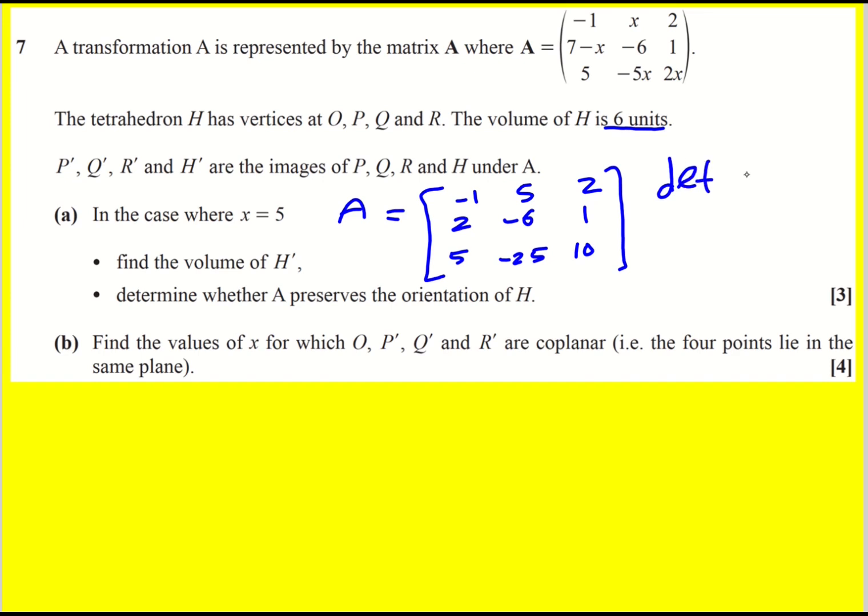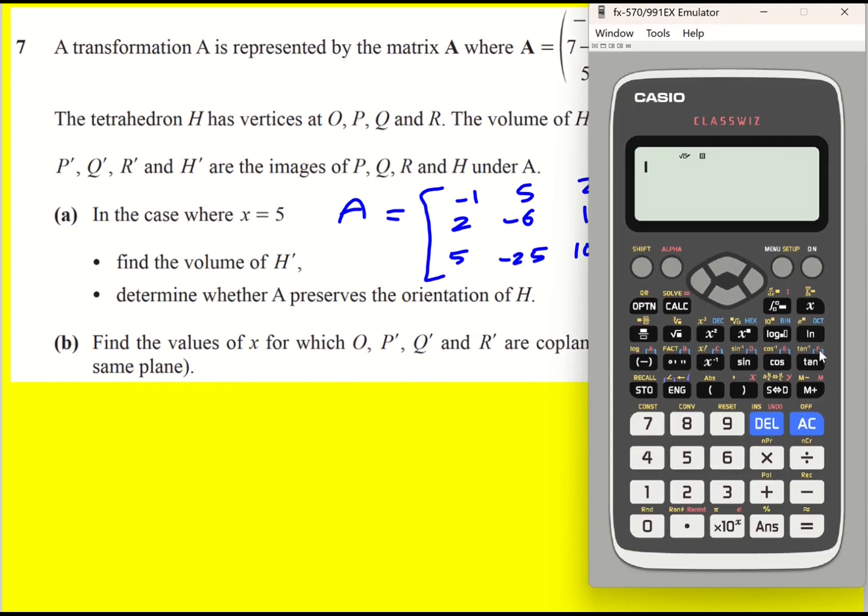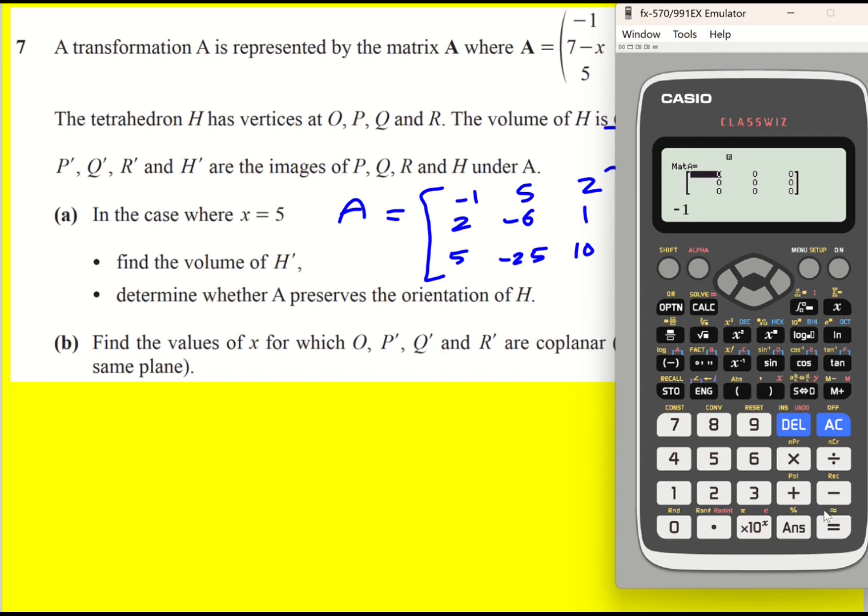Now, one approach to this question is just to put this in your calculator. Absolutely fine to do that. You have to find the matrix. There we go. Define our matrix, 3 rows, 3 columns. I'm not doing it particularly fast because I'm doing it on my computer, but you can do it a lot quicker than me.